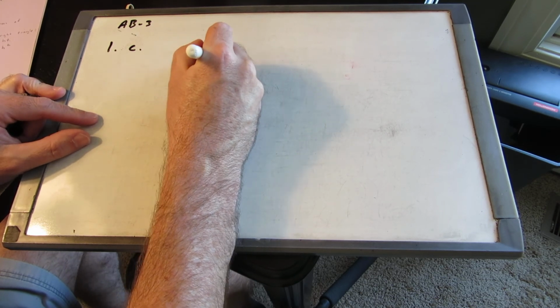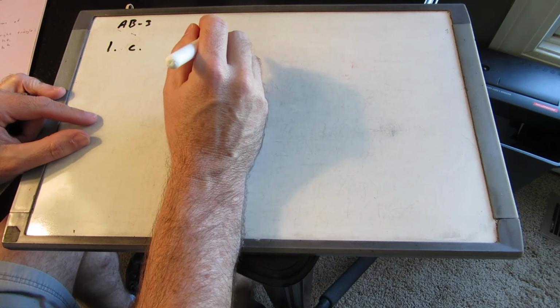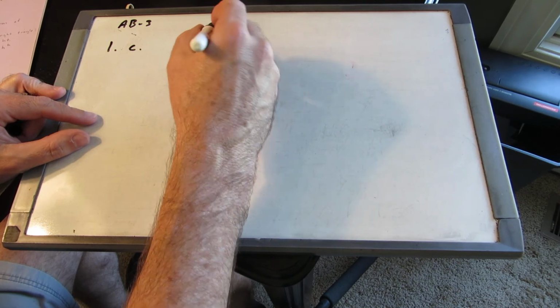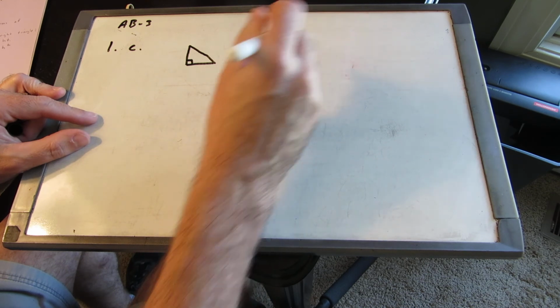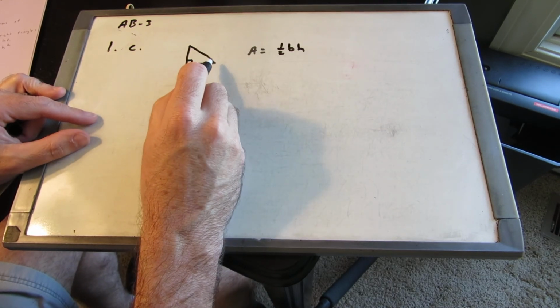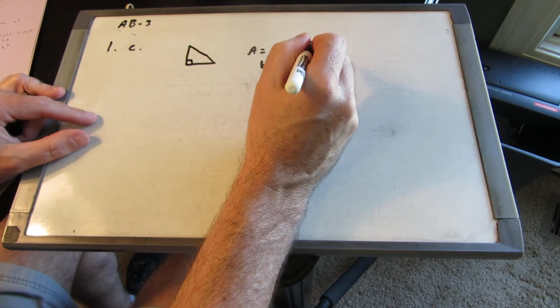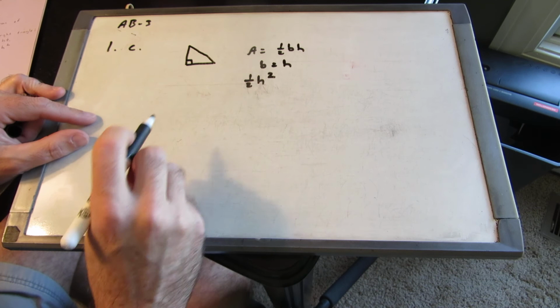For an isosceles right triangle, the area is 1/2 base times height, but with an isosceles triangle, the base is equal to the height. So we can just say it's 1/2 times the height squared.